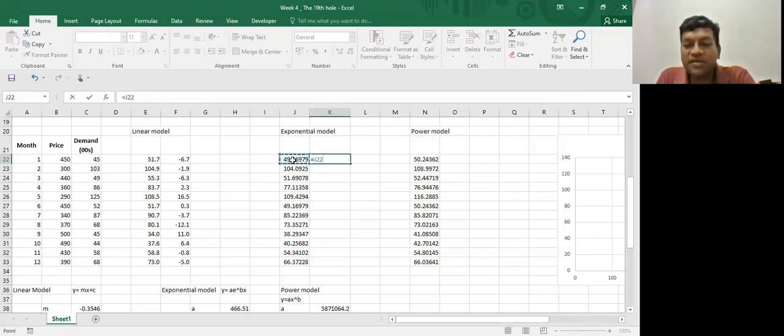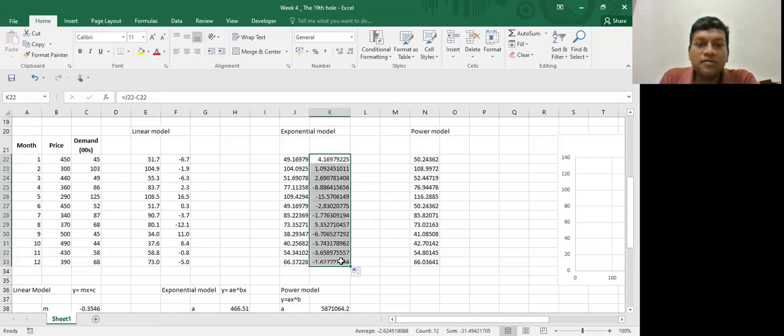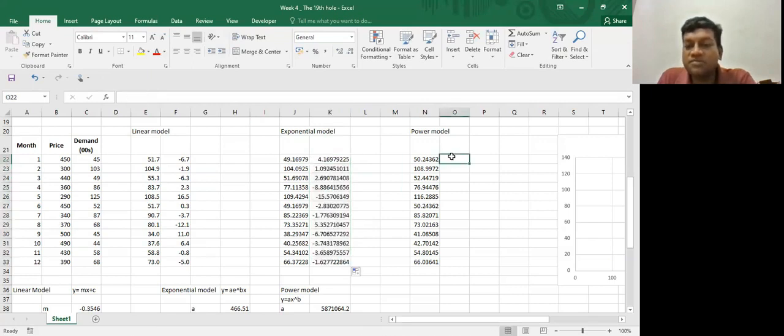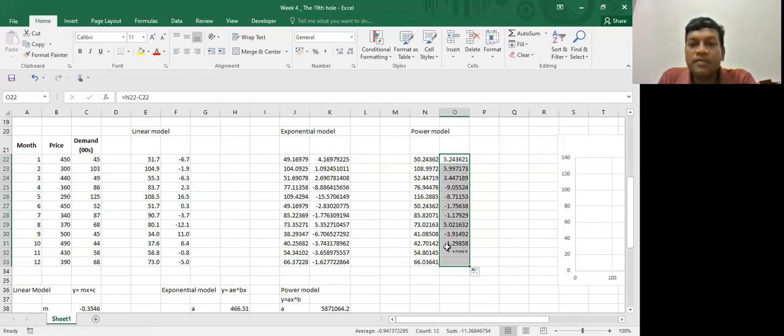Exponential model, this is the predicted value, this is the actual demand, and let me pull it down. Same thing, this is the error. This is what Cyan is calling the residual difference.